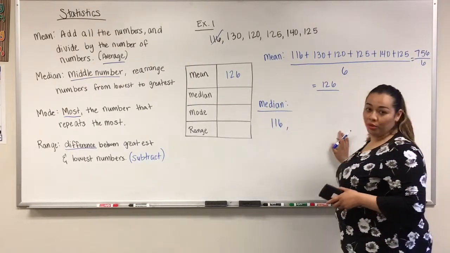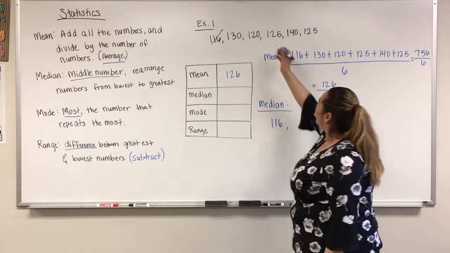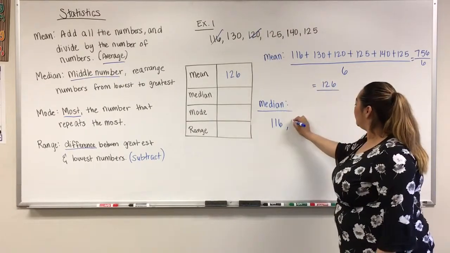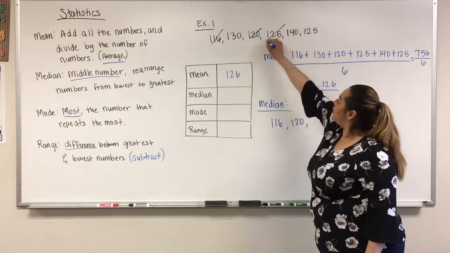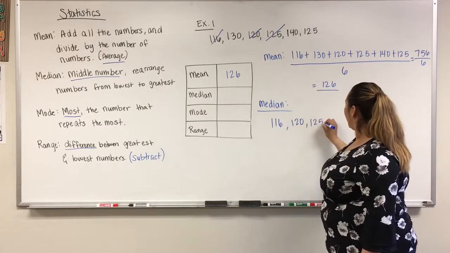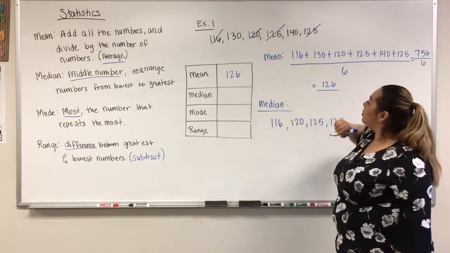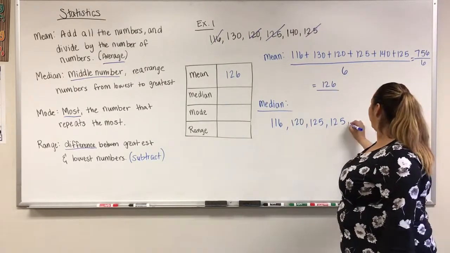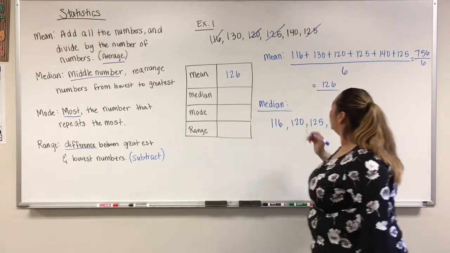From there, we're going to go to 120. Then we have 125, and then another 125. After that, the lowest one between the remaining two is 130, and finally 140.